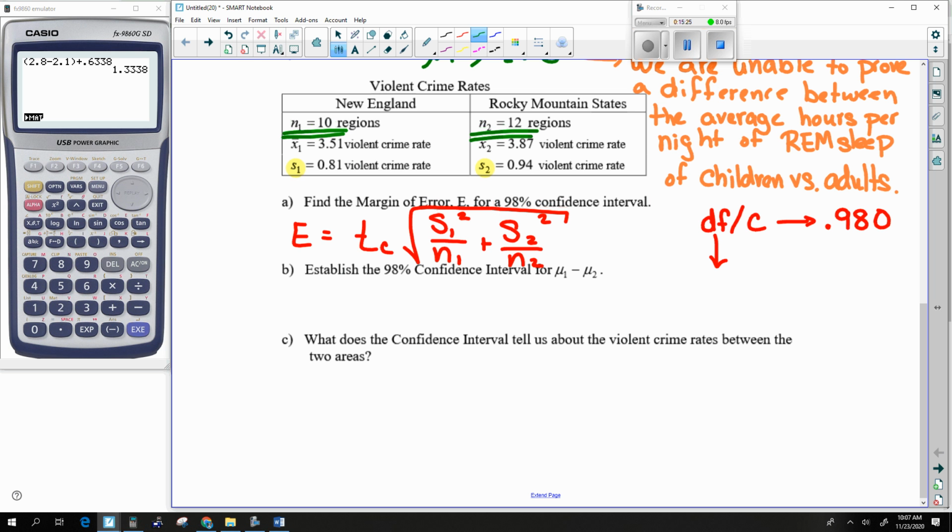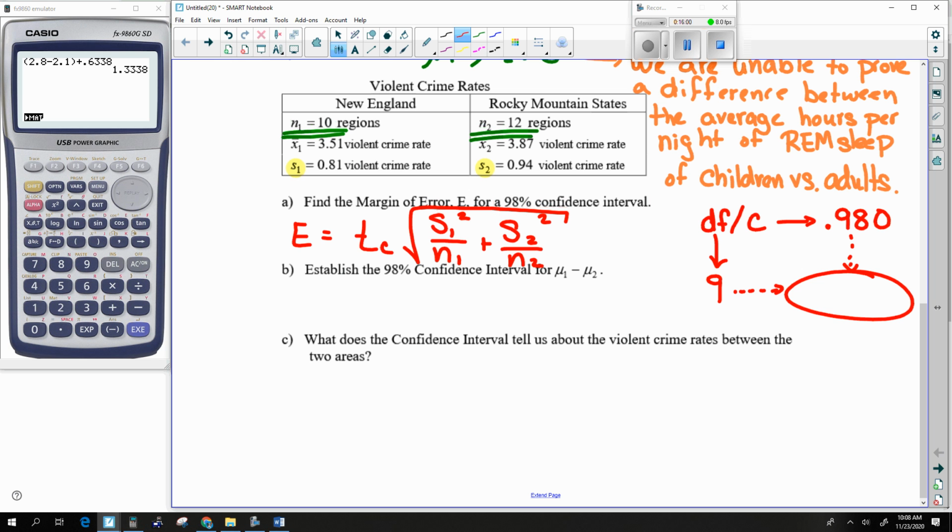So what is our n to use for the degree of freedom? It's actually more simple than what you would think. You use the smaller of the two n's. The smaller of the two n's right now is 10, thus the degree of freedom is going to be 9. So you take the degree of freedom from the smaller of the two n's. So we have a degree of freedom of 9 and a confidence of 98%.